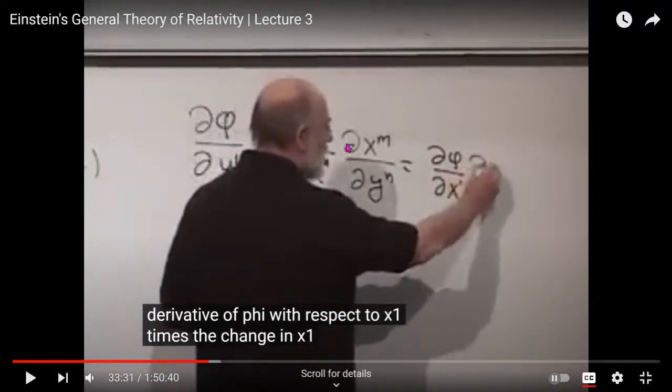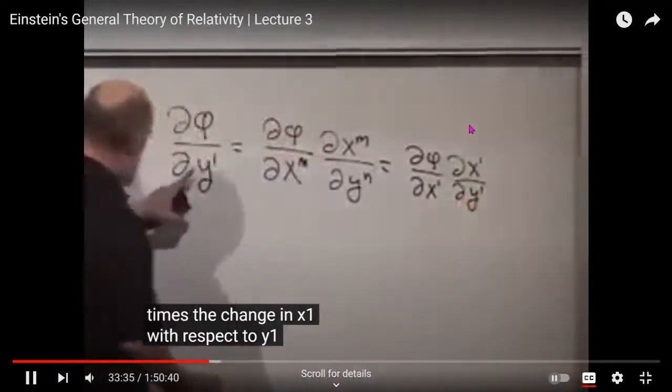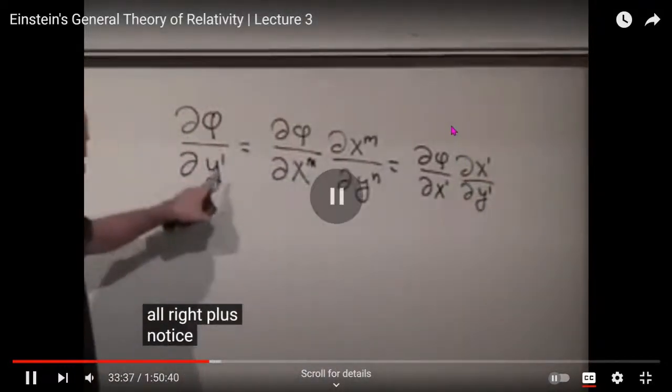Partial derivative of x1 over partial derivative of y1, plus. He's going to go through m equals 2, m equals 3, m equals 4. And I'll be upset if he actually writes this out.